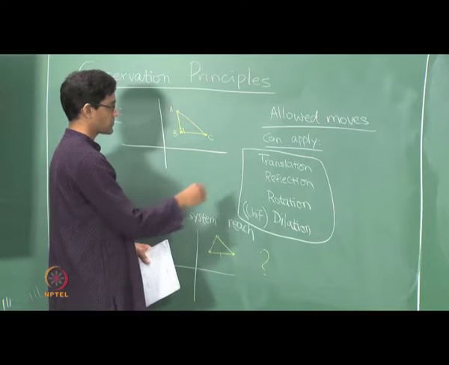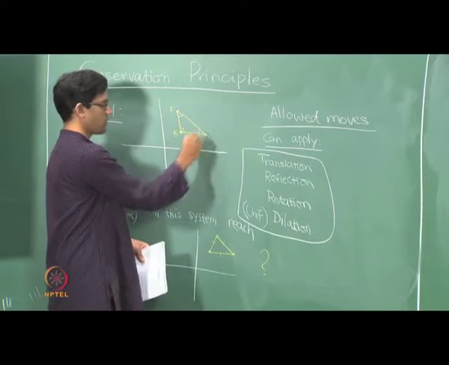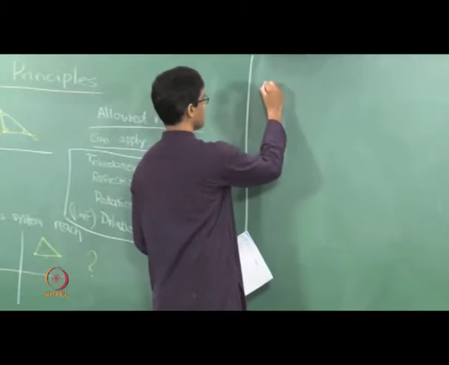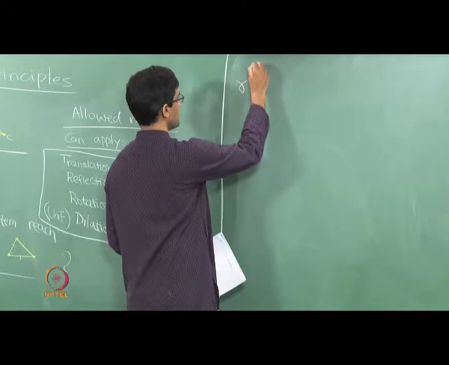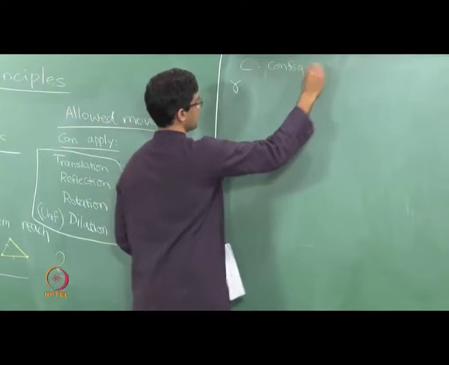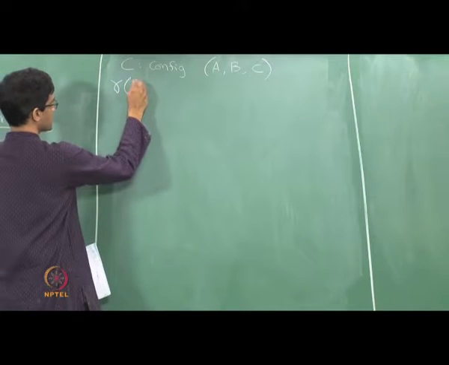So another way of stating this is you keep track of the 3 angles of this triangle. The list of the 3 angles is conserved. So if C denotes a configuration, so here the configuration is just the 3 vertices of the triangle, what is a gamma function if you wish?